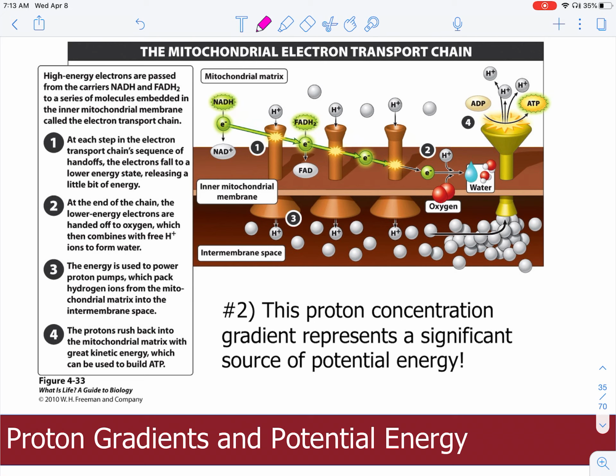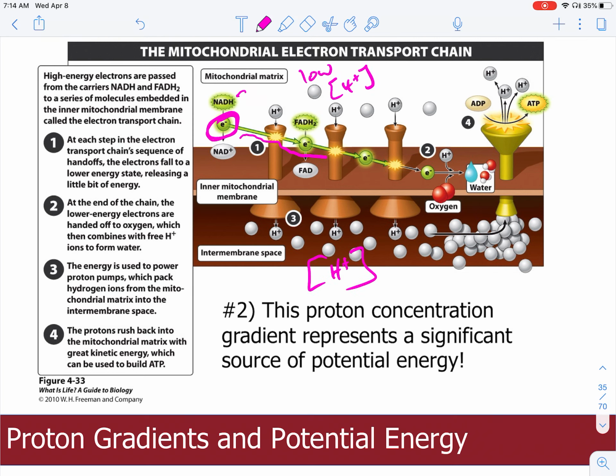This is a look at the electron transport chain. And again, similar to photosynthesis, what we're doing is taking high energy electrons. In this case, those high energy electrons come from NADH and not from the energy of sunlight. They use the energy of those electrons to pump protons from an area of low concentration to an area of high concentration.